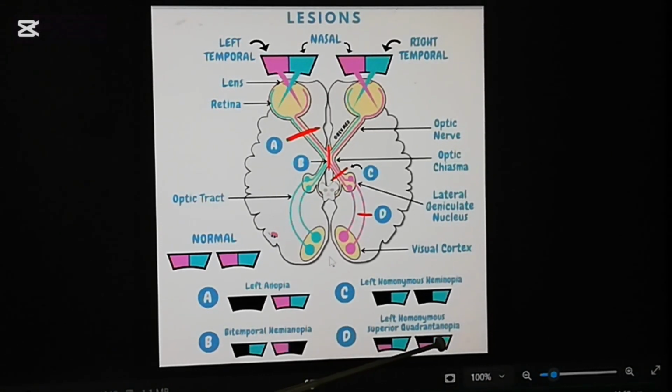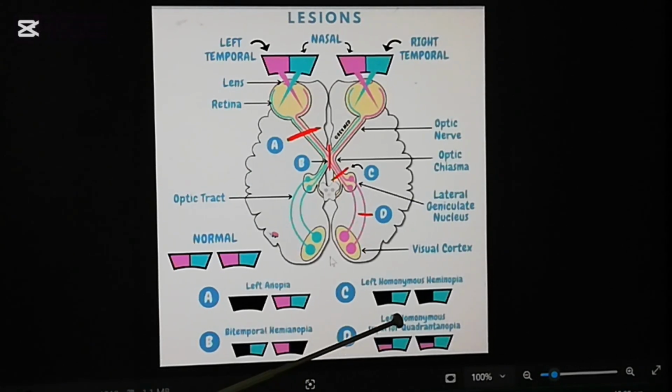Anopia means blindness, right? You can see that one quarter of each eye has lost its vision, on the same sides of both eyes, so we call it homonymous. The left sides of both eyes are involved, so we call this left homonymous. As the superior quadrant of both eyes is involved, we add the word superior.